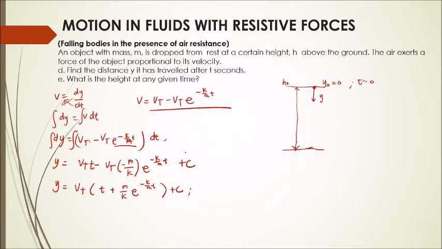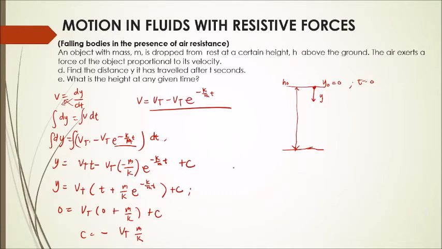Because it has not moved yet. So, we can have 0 equal to v of t times 0 plus this one is 0. This becomes m over k, plus c. Meaning, our c is equal to negative v_t m over k. Right? Okay. So, rewrite the equation.